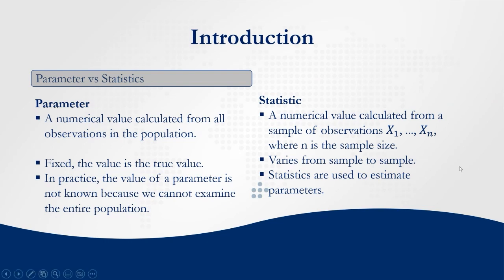So the sample will have units of size n, where n is the sample size. So I'm going to have units from 1 up until n. If my sample size is 100, I'm going to have 100 units, and I'm going to be computing the average age from the 100 M&D students.